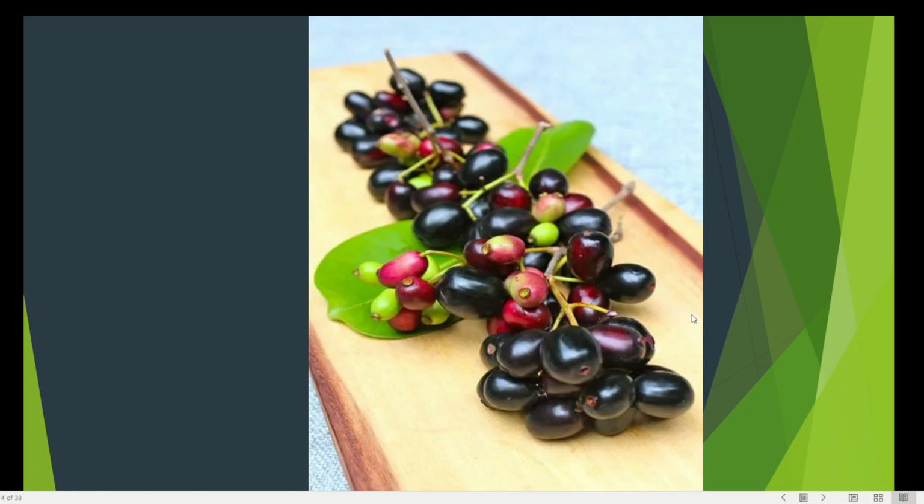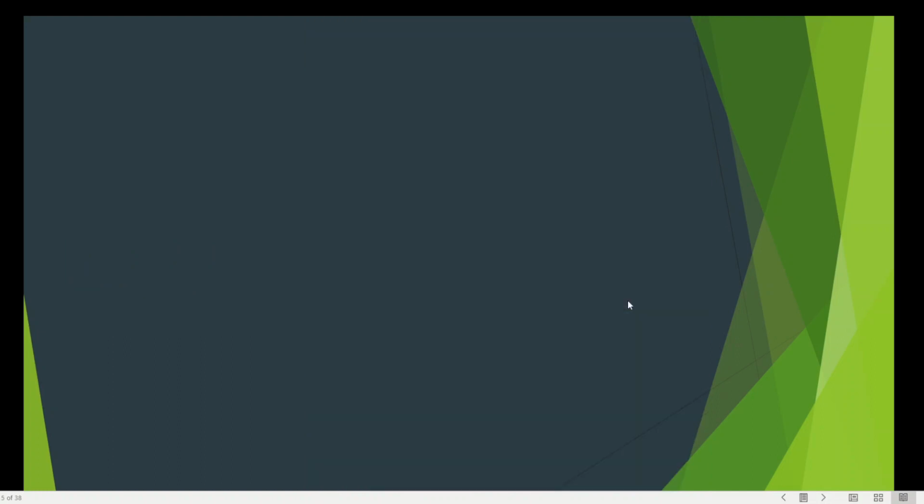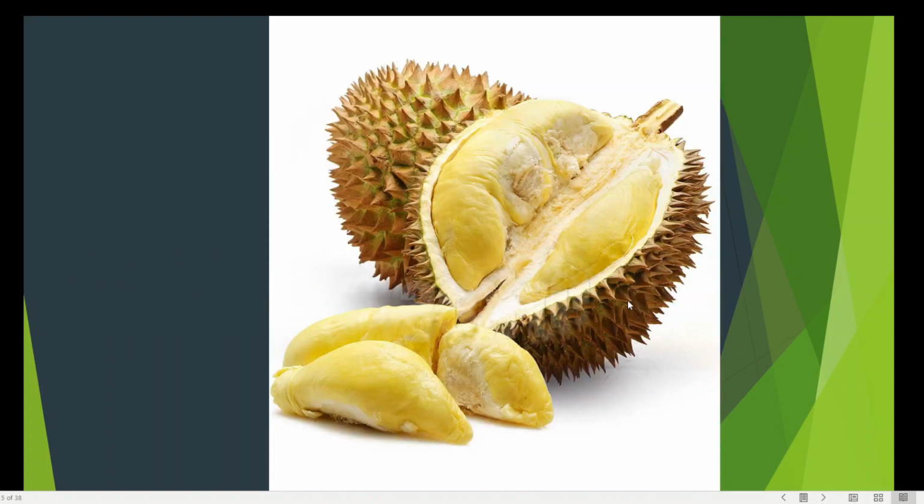How about this one? Are you familiar with this kind of fruit? Okay, so this is duhat. And how about this? Okay, very good. This is durian.